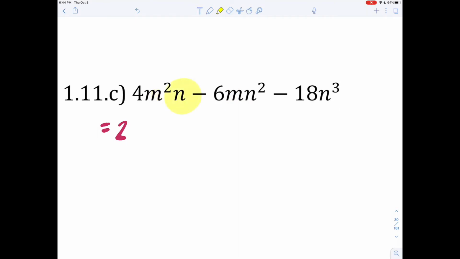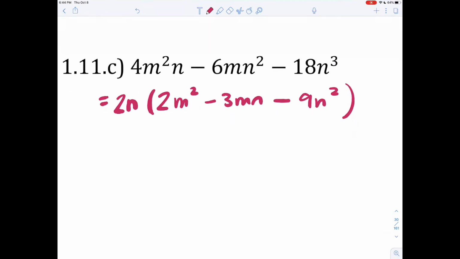And this has an n, this has 2, this has 3. Why don't I pull one of them out? So I have the GCF as 2n, which leaves me with 2m squared minus 3mn minus 9n squared.